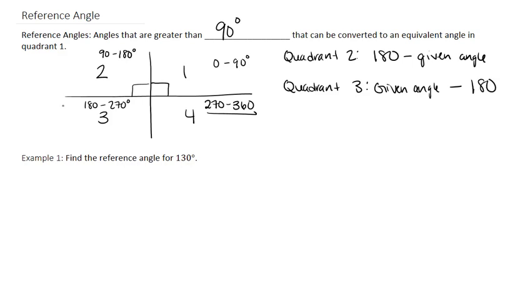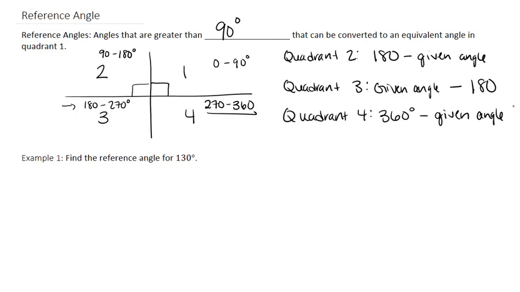So this is when it's between 180 to 270, and then we would subtract the 180. And if we're in quadrant 4, we take our 360 degrees and subtract the given angle in the problem. So let's go over an example.